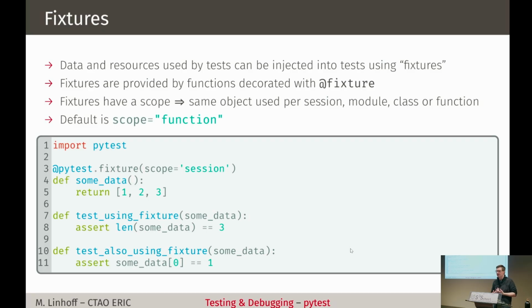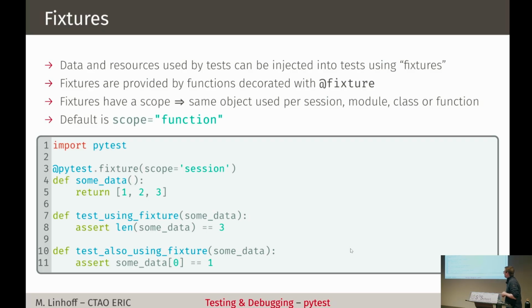You can prepare an environment, you can modify what is run, and you do this by defining a function that returns something or that sets something up for your test. And you have to decorate it with this pytest fixture decorator. And the scope is important for how often this fixture is executed.